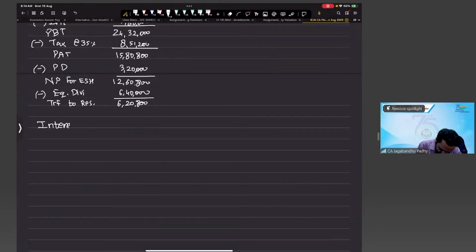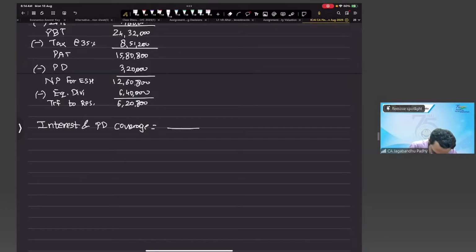Interest and preference dividend coverage. How can we calculate this? What should be the formula that I should use?